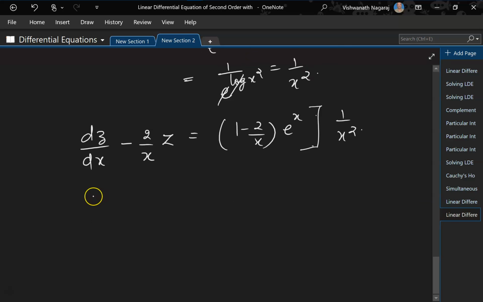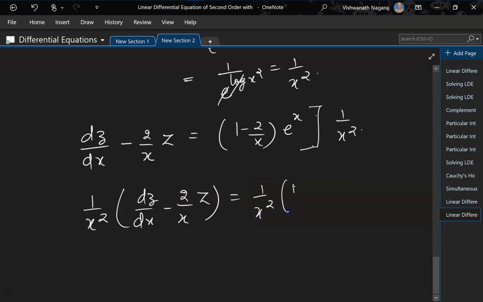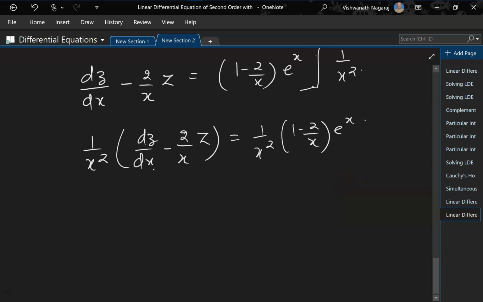So we end up with 1/x² (dz/dx minus 2/x z) is equal to 1/x² (1 minus 2/x) e to the power of x.